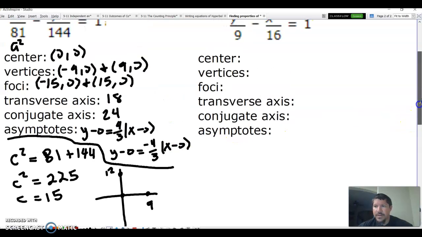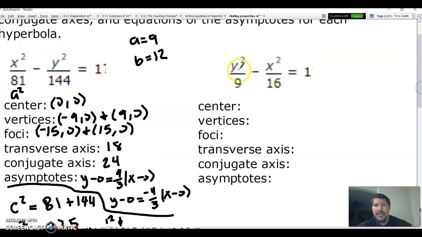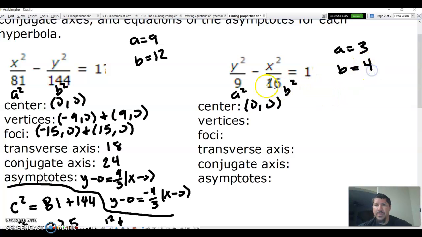Alright, 2.5 minutes. So looking at this again, it's 0, 0. So remember, that's a squared, that's b squared. So a is 3, b is 4, but now this thing's going to open up and down. So my vertices go up and down, so this is going to be 0, negative 3, and 0, 3.